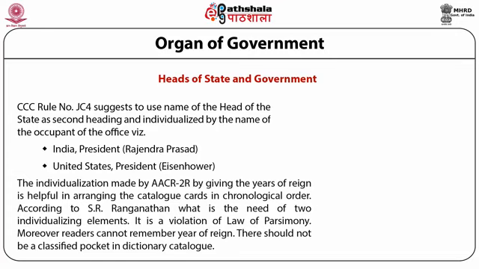The individualization made by AACR2R by giving the years of reign is helpful in arranging the catalogue cards in chronological order. According to S.R. Ranganathan, what is the need of two individualizing elements? It is a violation of the law of parsimony. Moreover, readers cannot remember the year of reign. There should not be a classified pocket in a dictionary catalogue.